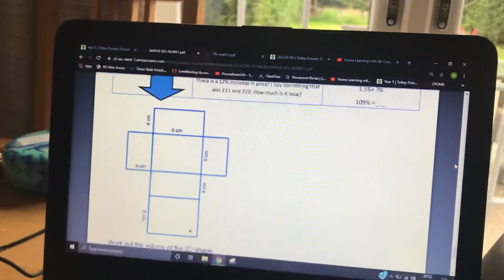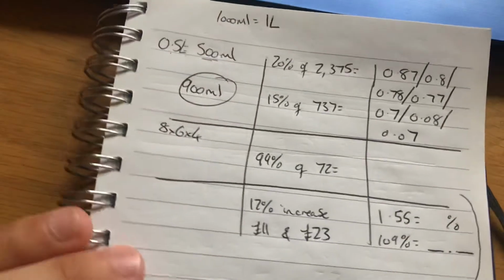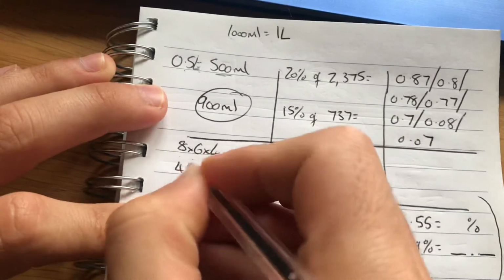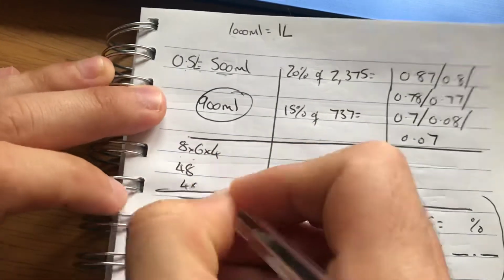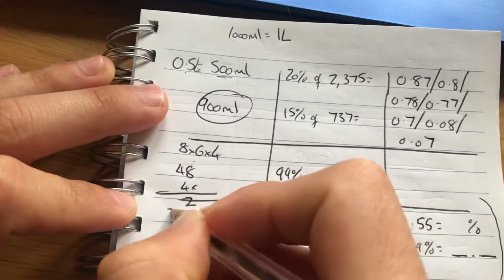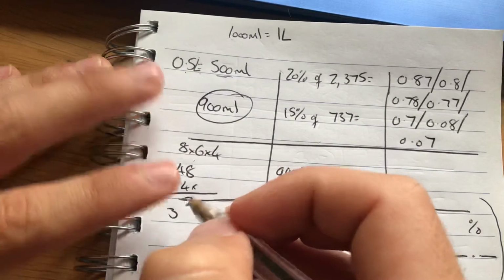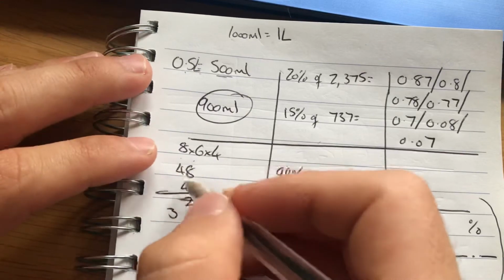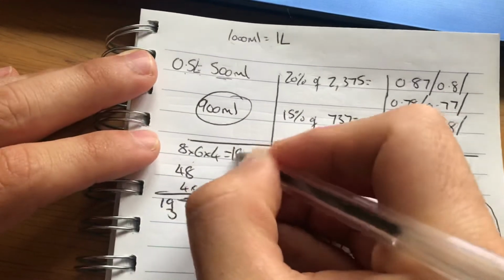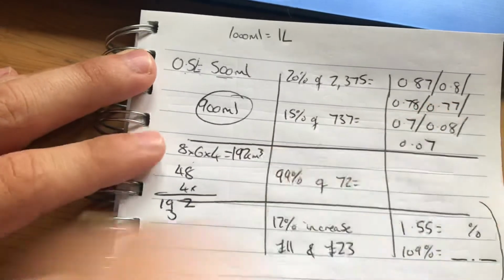So we do 8 times 6, which is 48, times it by 4. 4 times 4 is 16, 17, 18, 19, yeah, 19. 192. So it's 192 centimetres cubed.